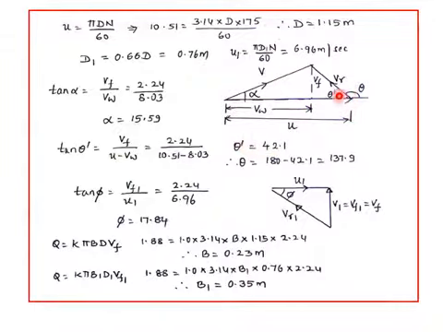That gives theta dash, hence theta can be calculated as 137, which is an obtuse angle. Since discharge is radial, it comes out at 90 degrees, so this is Vr1. So the angle phi can be calculated from Vf1 by U1, knowing Vf1, which is equal to Vf, and you also know U1.